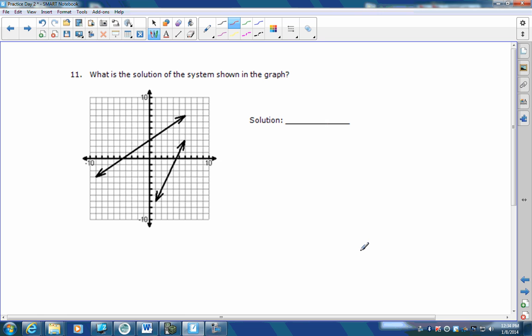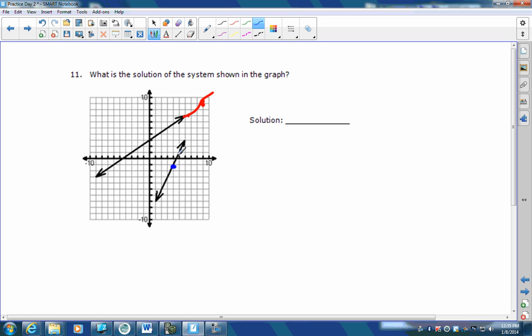Number 11. Now, some people tell me there's no solution to this. You have to continue your lines, don't you? So if I continue my lines, what's this line going up by? Up 2 over 3. So that one continues like that. What's the slope of this one?